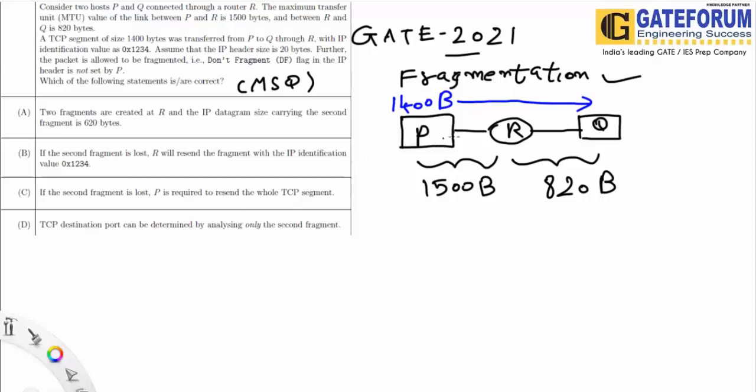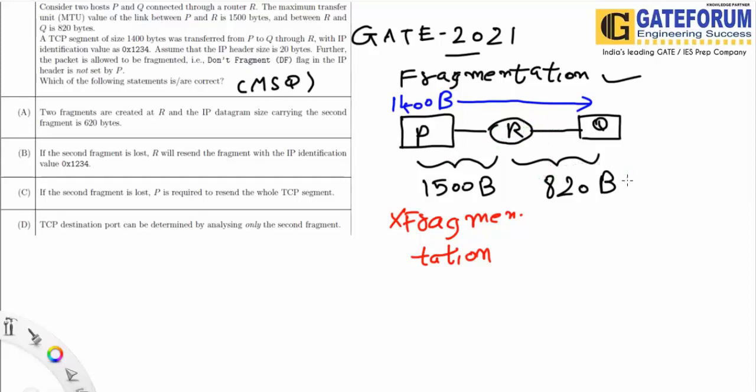While it travels from P to R, it won't have any requirement of fragmentation, because the size of the segment is less than the maximum transfer unit between P and R. Now, when it reaches R, which is a router, the router will do the fragmentation.